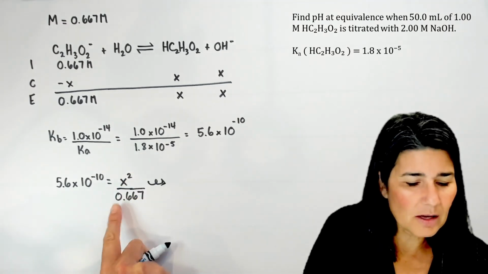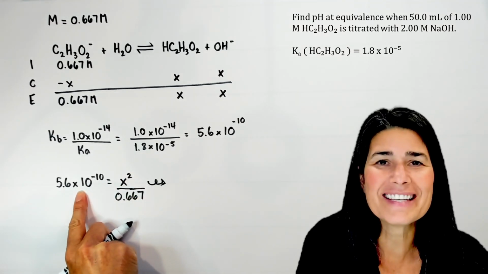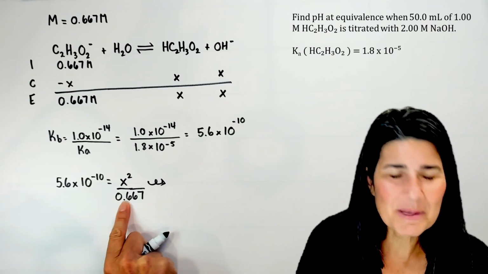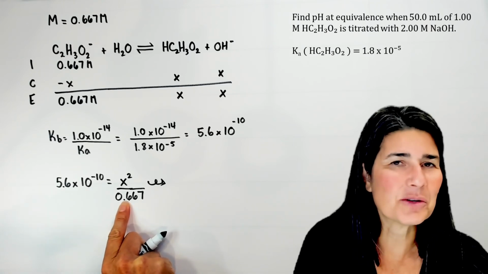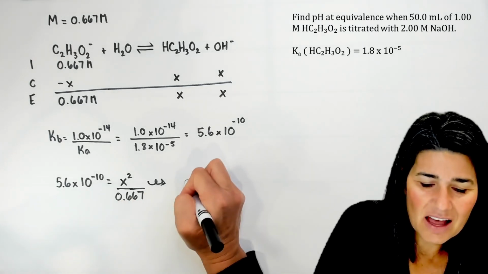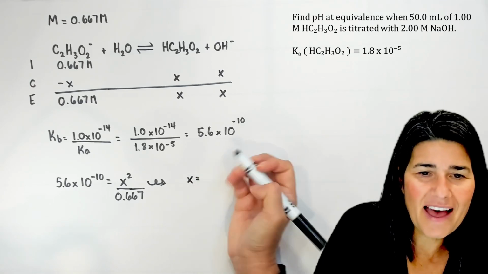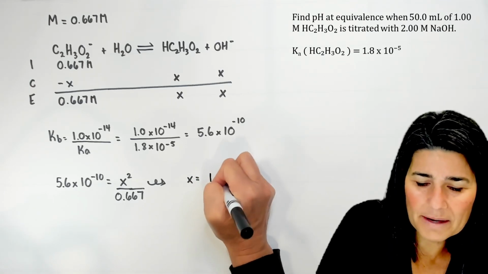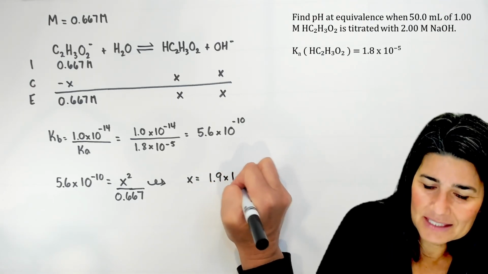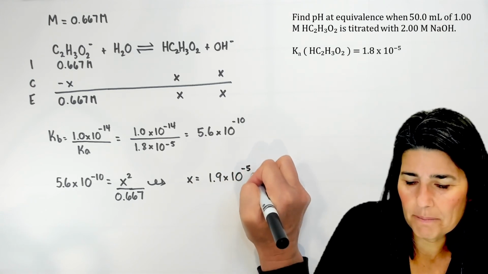Cross multiply here, 5.6 times 10 to the minus 10 multiplied by 0.667, take your square root. You end up getting a value of x equal to 1.9 times 10 to the minus 5th molar.